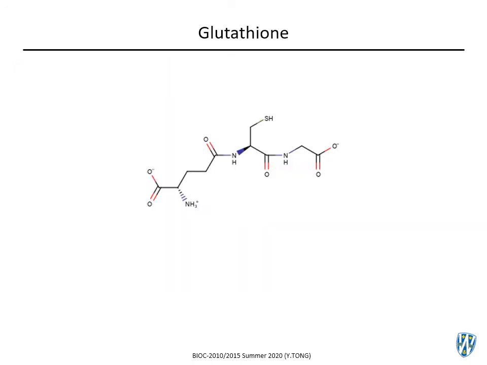Besides the hydrogen bond, I will also show you how to use MarvinSketch to convert a peptide sequence into a structure, and also draw structures that cannot be simply described by the amino acid sequence. For example, glutathione, you know that it's a tripeptide, and there's an isopeptide bond between the glutamic acid and the cysteine.